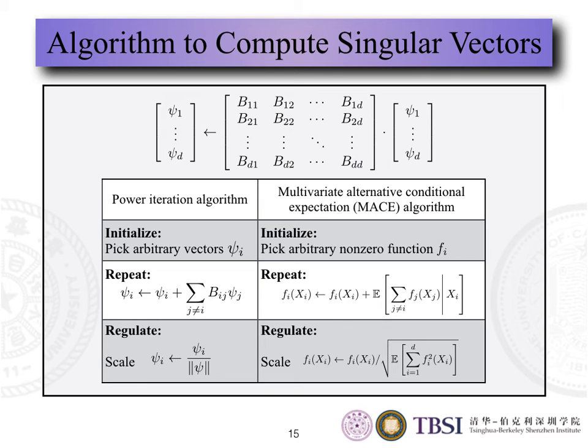Because of the special structure of the matrix Bij and the correspondence between the information vector and the functions, these updating steps can be equivalently expressed as updating the functions of the data by the conditional expectation operators. Since the conditional expectations can be directly computed from the training data, this gives us an algorithm to compute the desired functions from data, which we call the multivariate alternating conditional expectation algorithm, or simply the MACE algorithm.